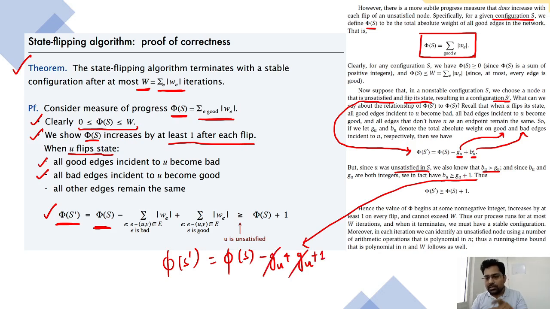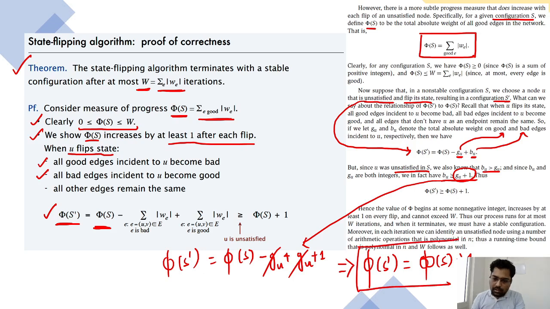Why? Because in place of bad edges you put good edges there, because bad edges are more, at least one more, so we are just considering that. Then what you get is phi s dash, the unsatisfied one, equals the satisfied one plus 1. This is the result we got.